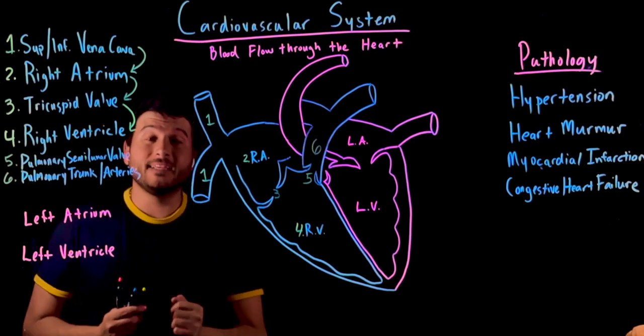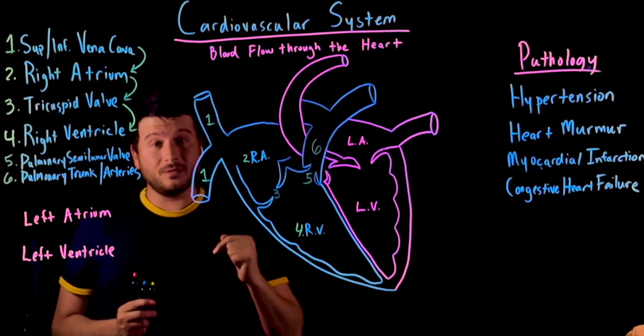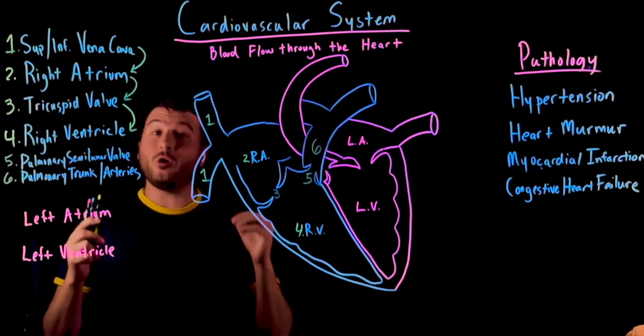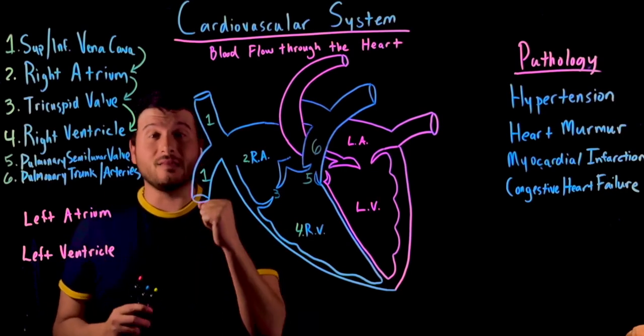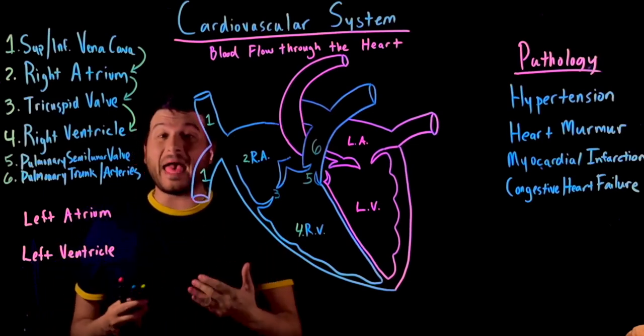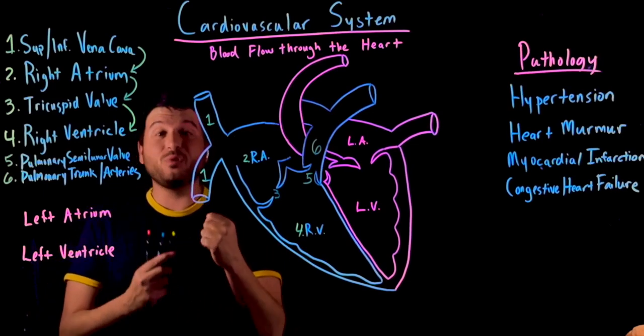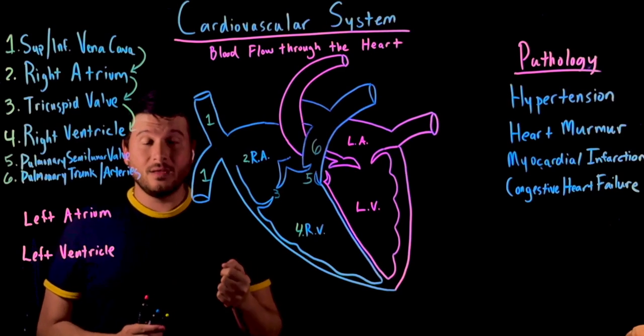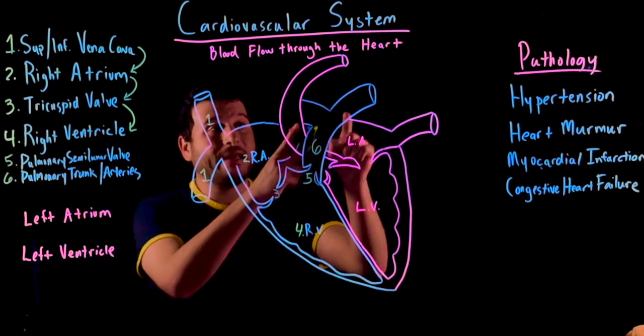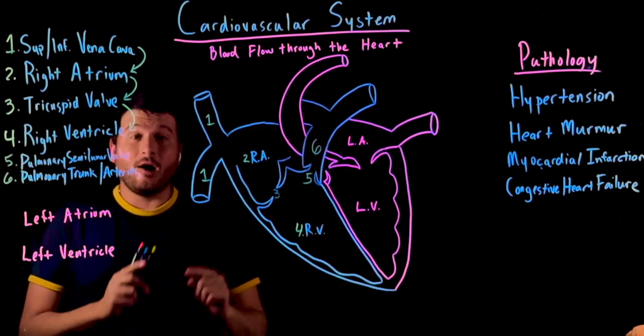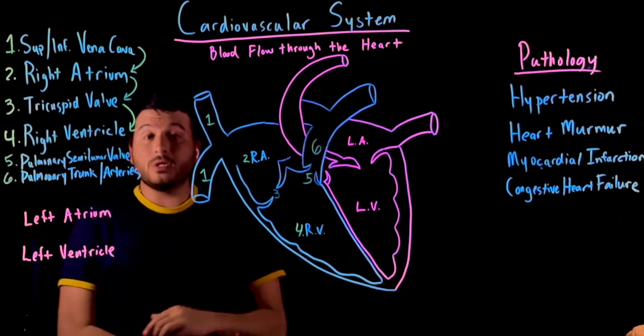Pulmonary in Latin is referring to the lungs. So anytime you hear the word pulmonary, I want you to think lungs, like pulmonary embolism, right? That is a blood clot in the lungs. So the pulmonary trunk and pulmonary arteries here are delivering blood to the lungs.